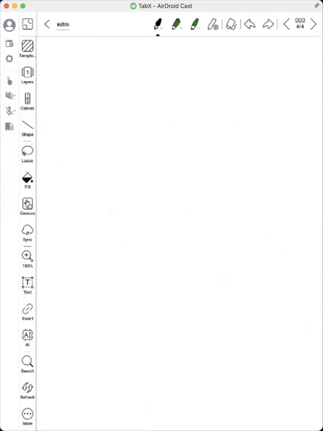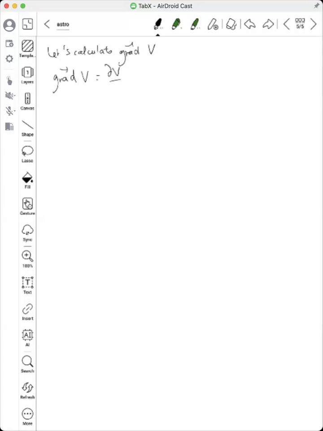So let's calculate grad of V. Okay, so I'm in cylindrical coordinates, right?